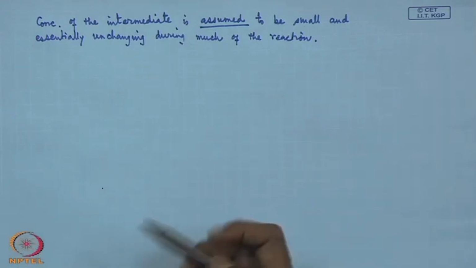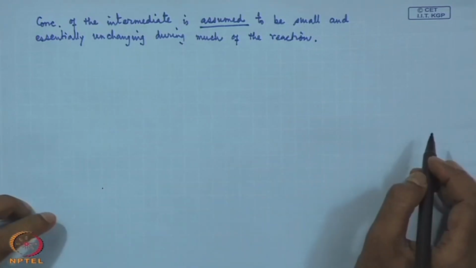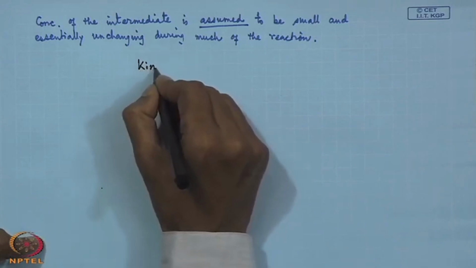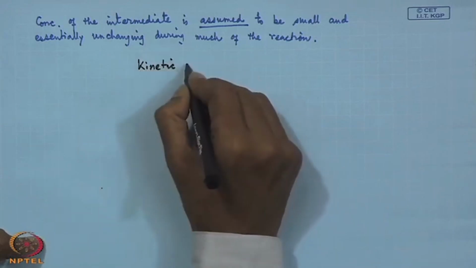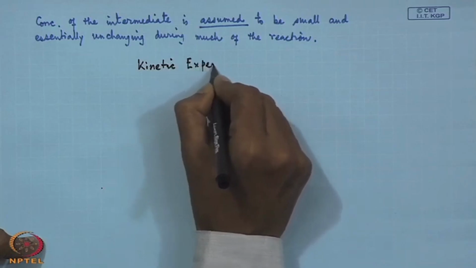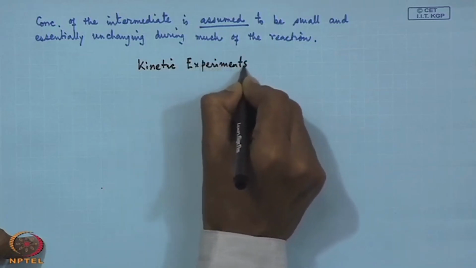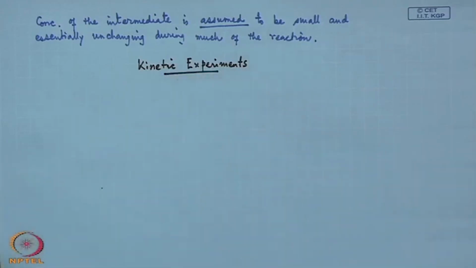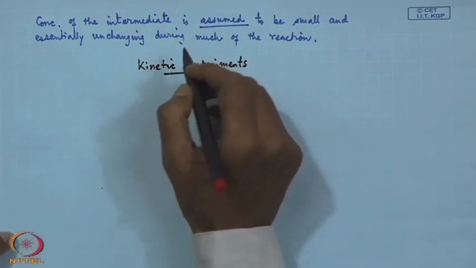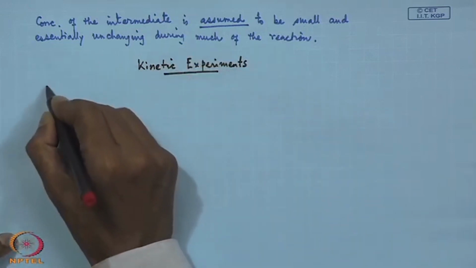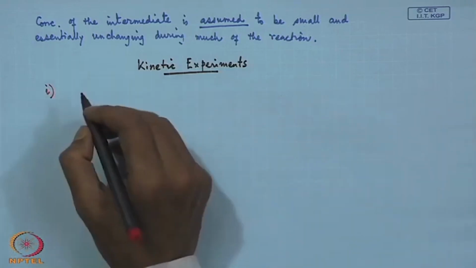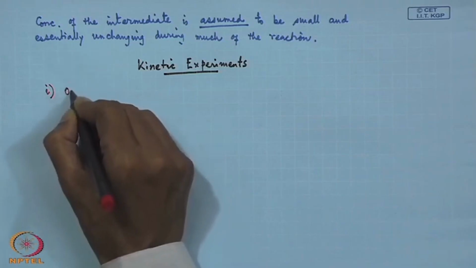So, these are the things, and we can have certain kinetic experiments to get this kinetic data. So, what are those kinetic experiments? We should have certain parameters which can be detected, and in the first case what we can find out from a particular type of kinetic experiment is the order of the reaction.